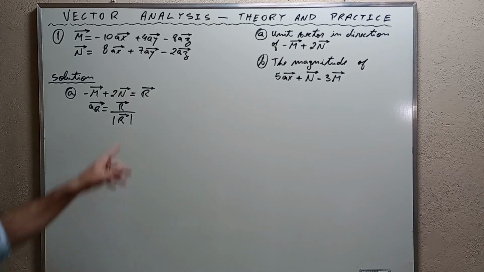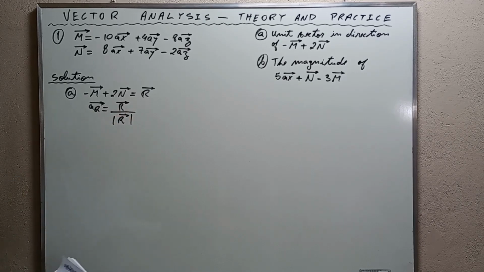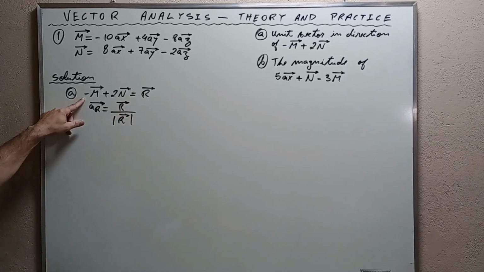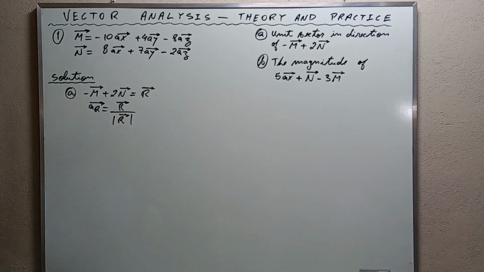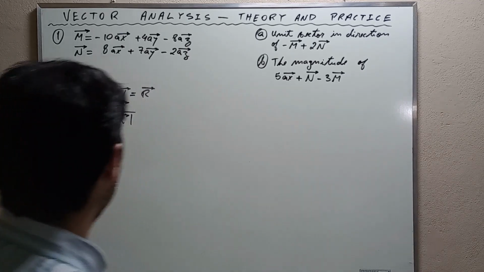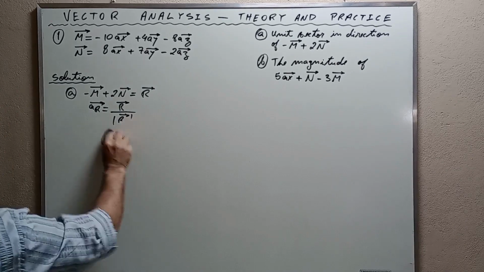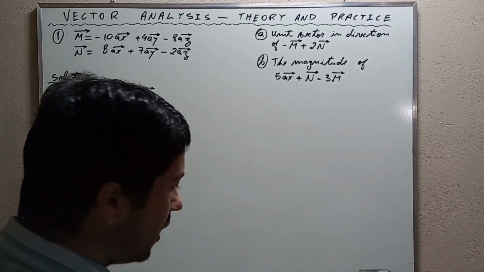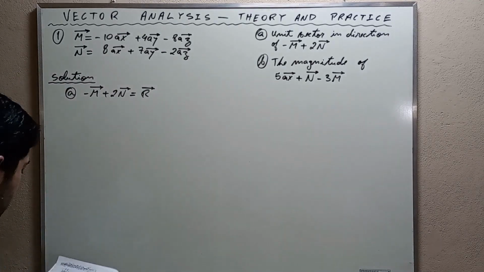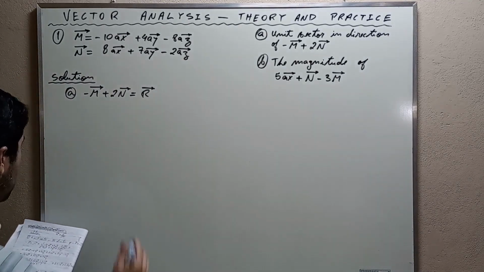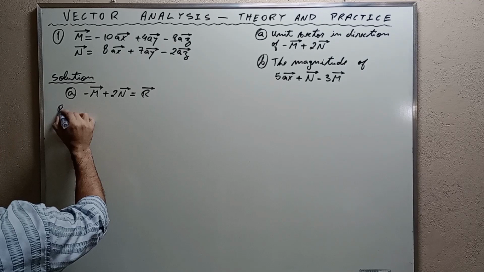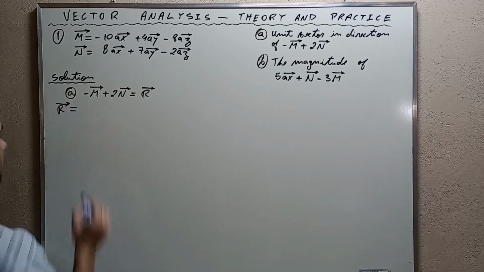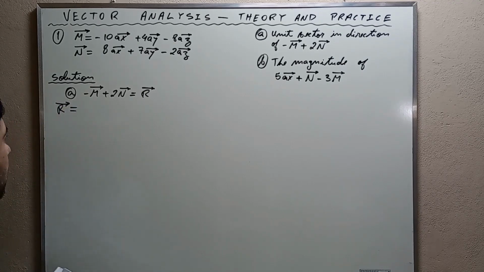Firstly, we find R. R is negative m plus 2n. This is the first step in calculating what the problem wants us to do. So R is equal to negative m, okay?